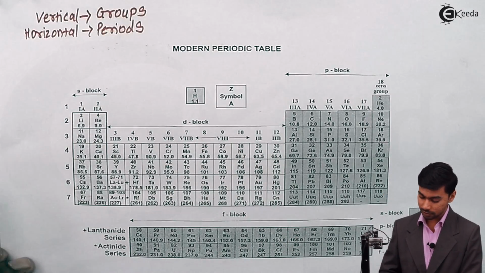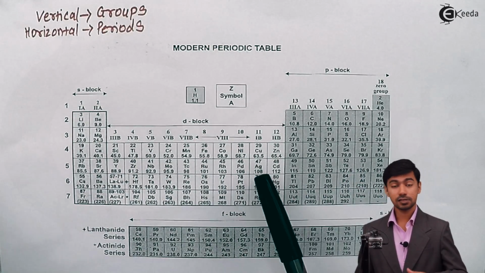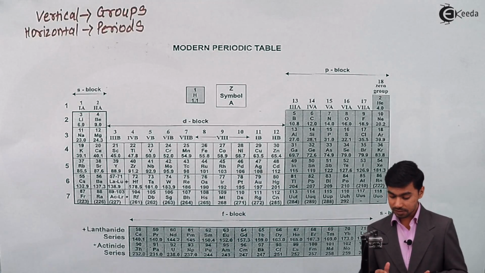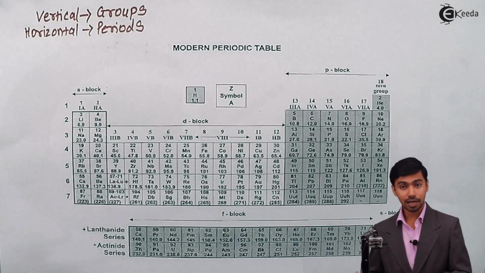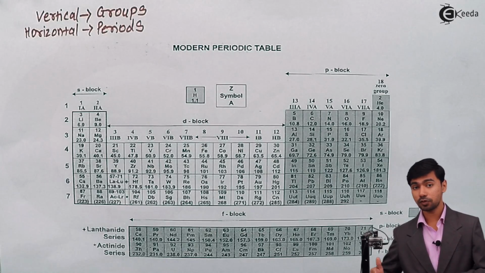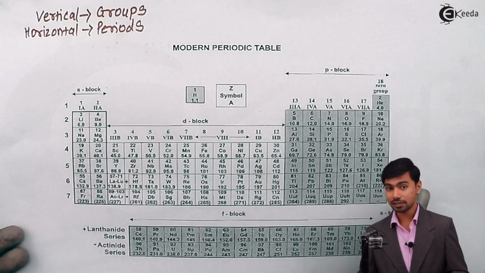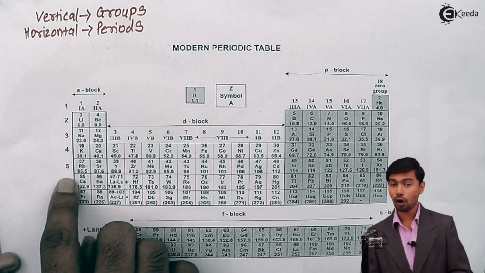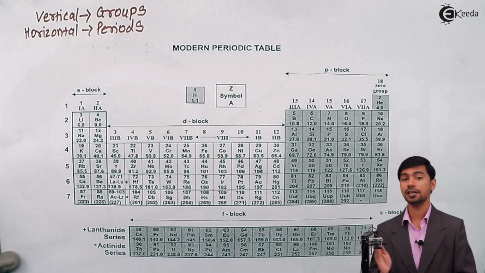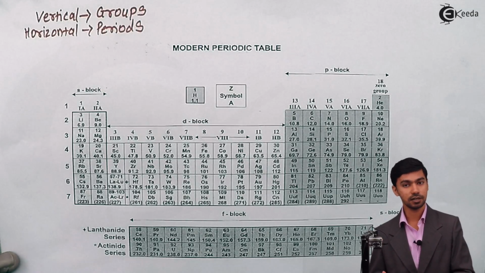And why are horizontal lines called periods? We have also discussed this: after a certain period of time, whenever we move from the left to the right side of the periodic table horizontally, the properties keep on repeating after a certain time.